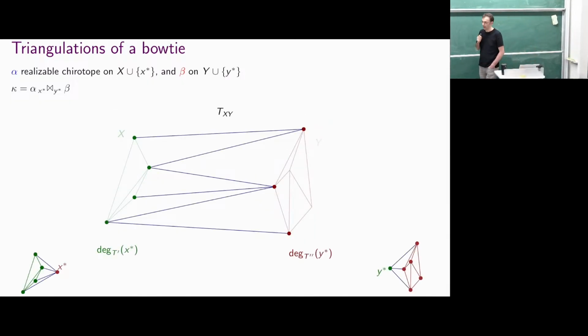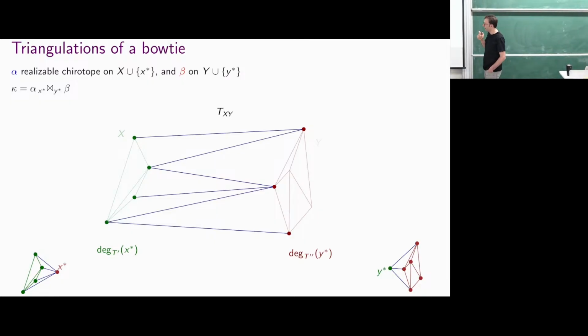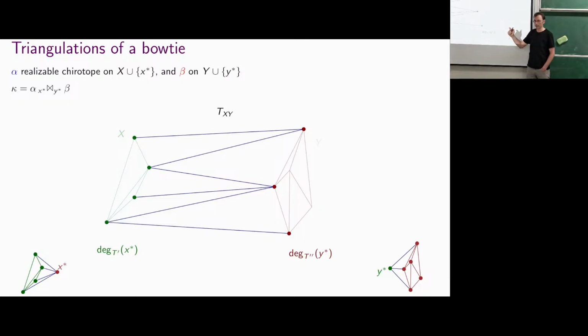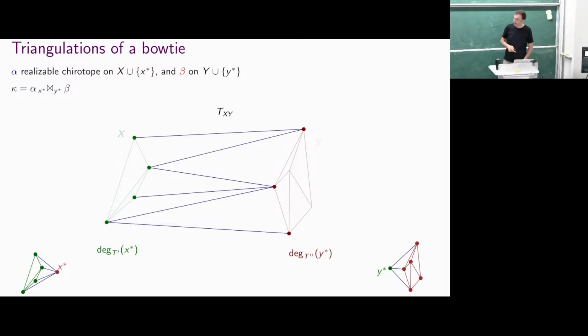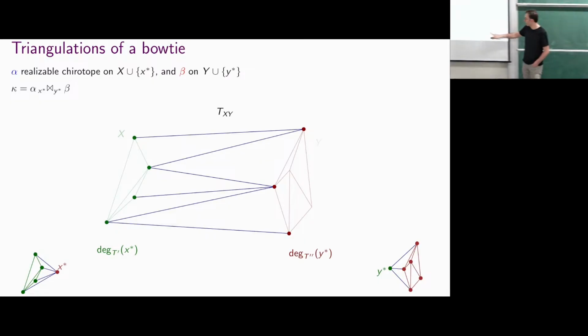Now, for every choice of a triangulation of the left part and the right part, there is a way to reconstruct one, and actually several such triangulations. The question is, which ones? The information you need are the degrees of those proxy points, the points that represent the other side. Here you get 4 points for x star, 3 points for y star.